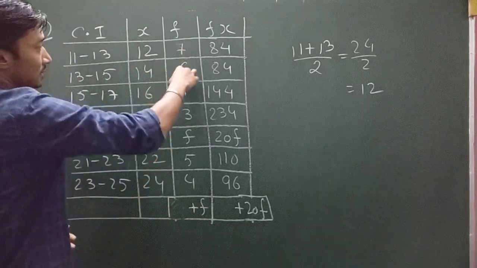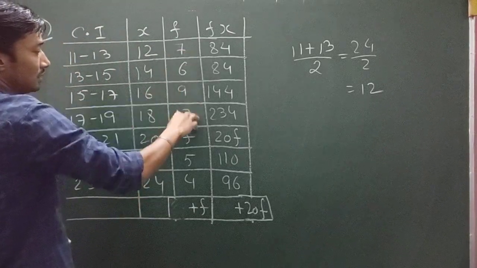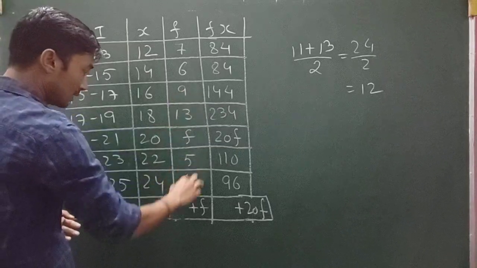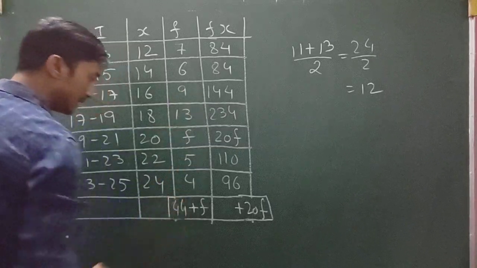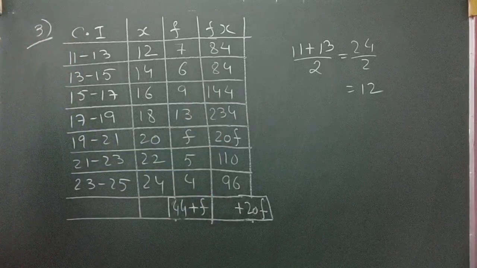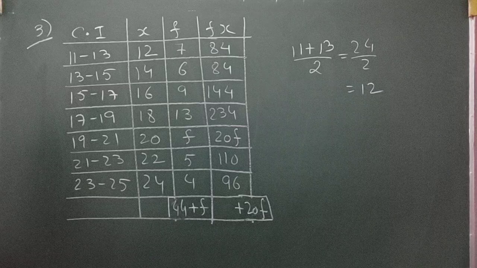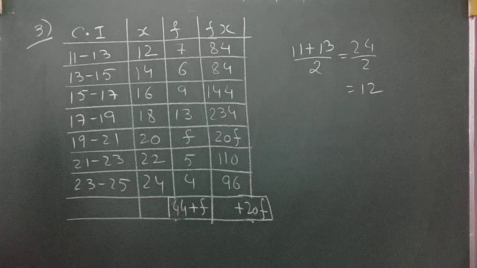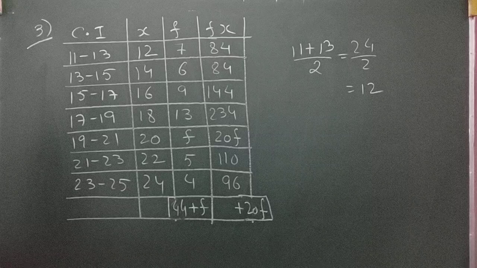Next you add. So 7 plus 6, 13, 13 plus 13, 26, 35, 40, 44. So it's 44 plus F. This one please add: 84 plus 84 plus 144 plus 234 plus 110 plus 96.